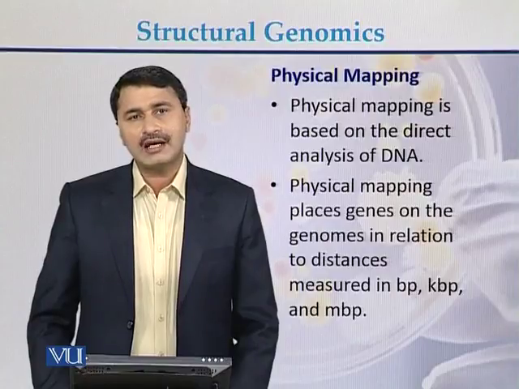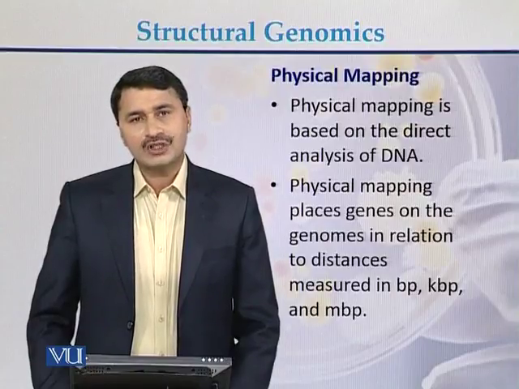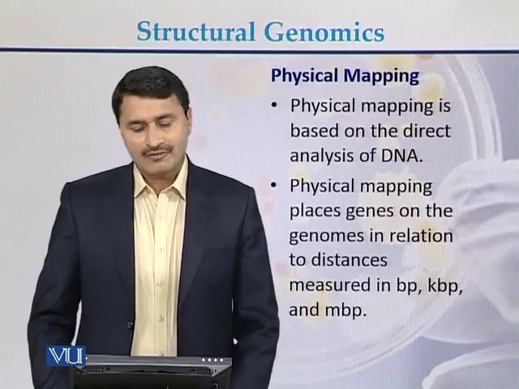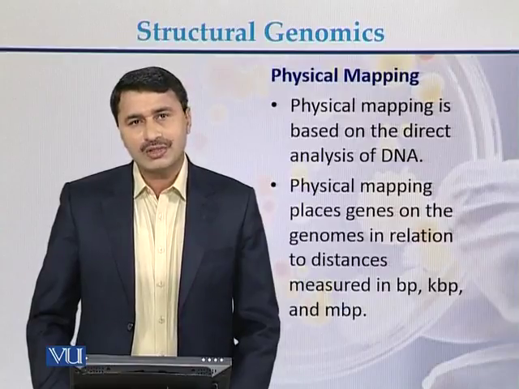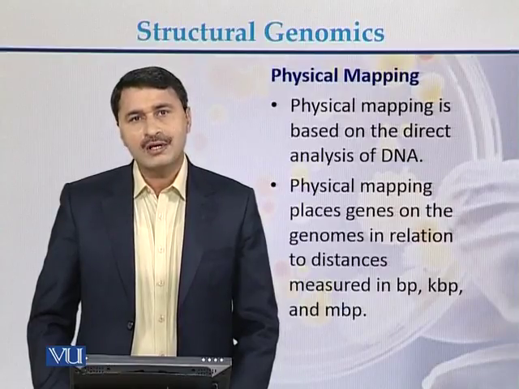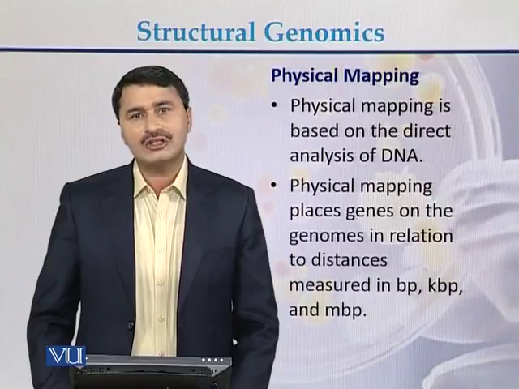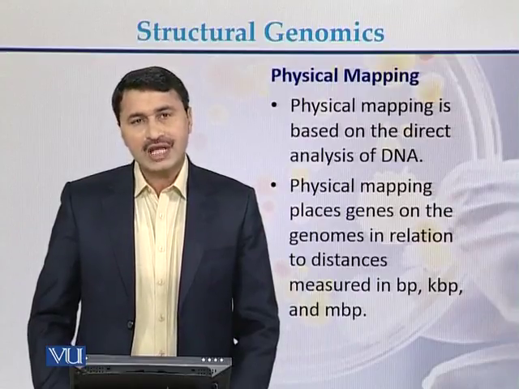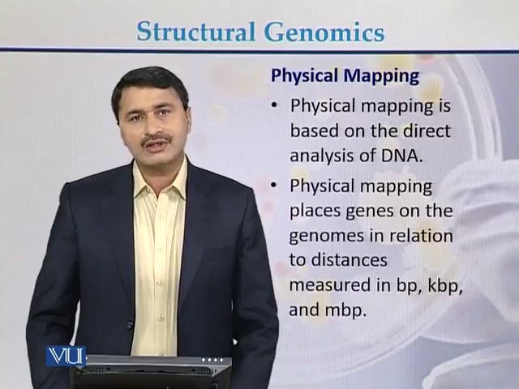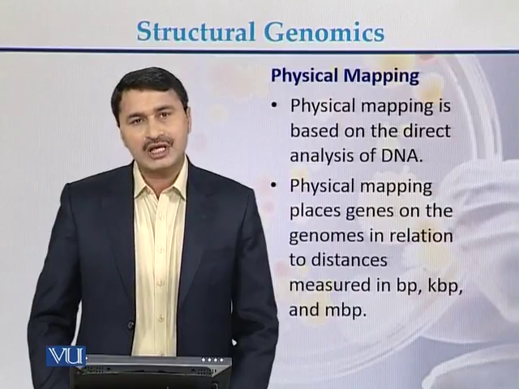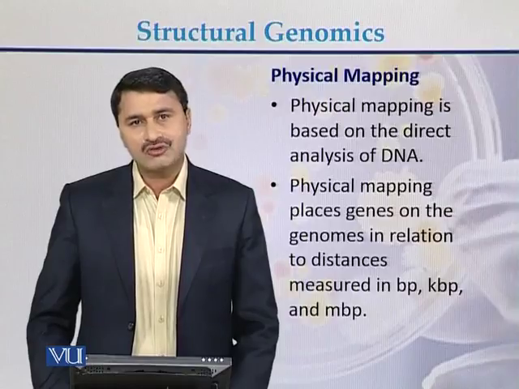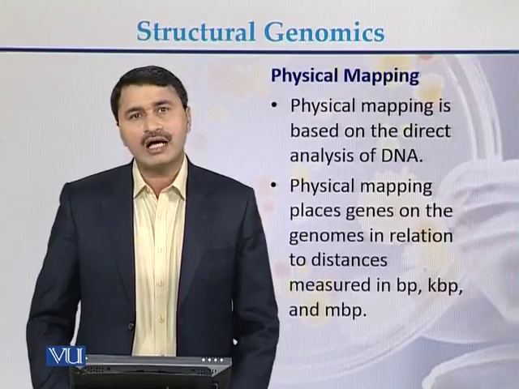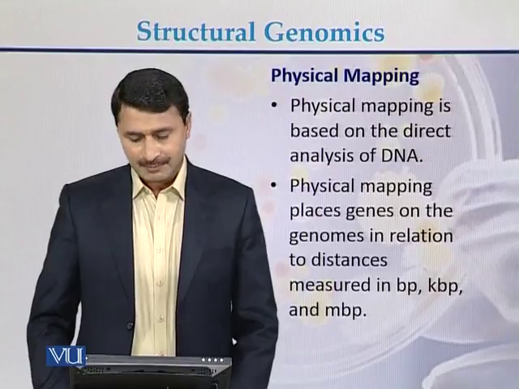While on the other hand, physical mapping, which also helps us in structural genomics to determine the nucleotide sequence of the genomes, is based on the direct sequencing of the genomes, or sequencing of the DNA.